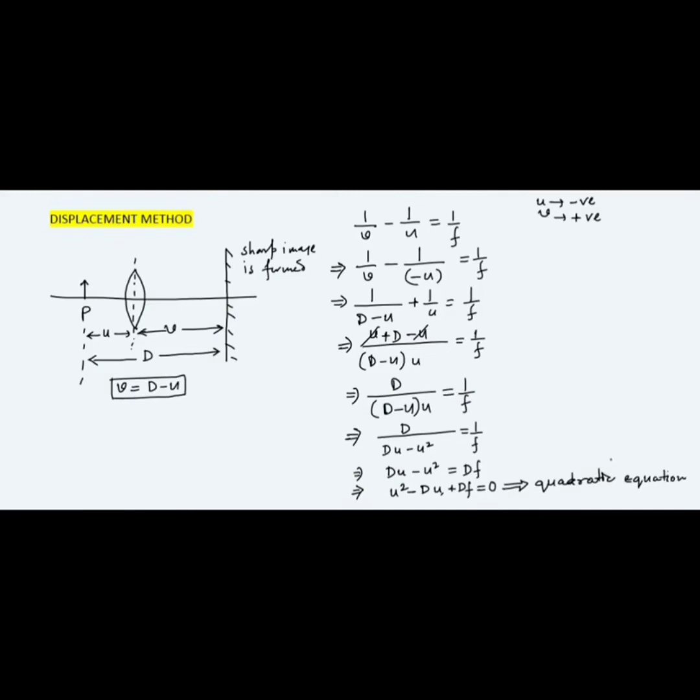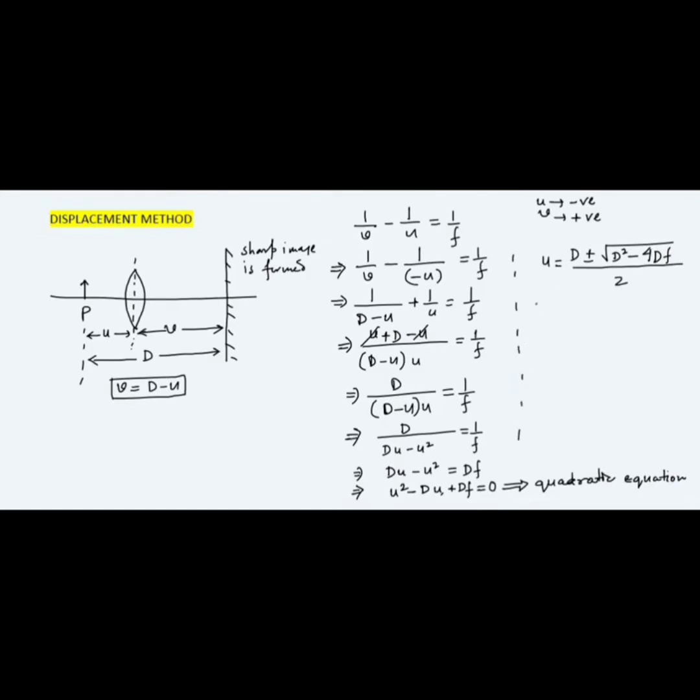So here I can find two values of u. Applying the Sridharacharya formula, u is equal to D plus or minus the square root of D square minus 4Df, upon 2. So we can see u has two values.